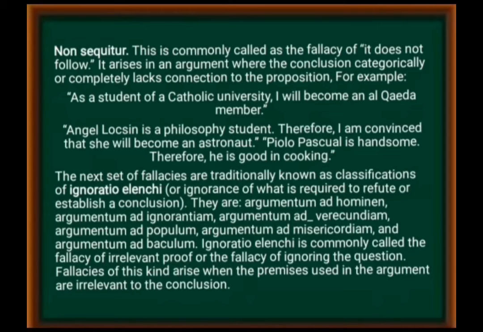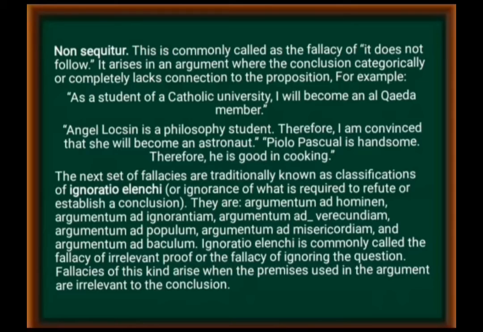The next set of fallacies are traditionally known as classifications of ignoratio elenchi, or ignorance of what is required to refute or establish a conclusion. They are argumentum ad hominem, argumentum ad ignorantiam, argumentum ad verecundiam, argumentum ad populum, argumentum ad misericordiam, and argumentum ad baculum.